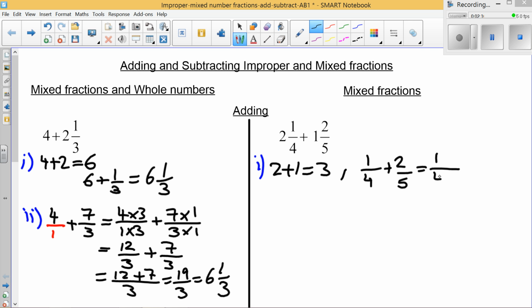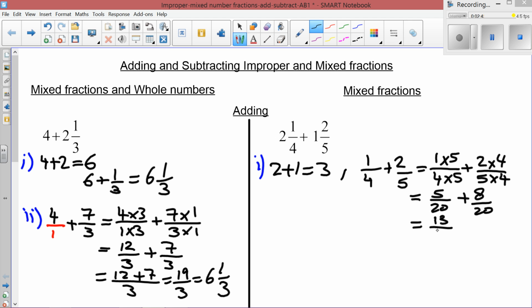So 1/4 add 2/5. The common multiple of the denominators is 20, so that's 4 times 5, and I have to do the same to the 1, and then 5 times 4, and I have to do the same to the 2, and that equals 5 times 1 is 5 over 20, plus 2 times 4 is 8 over 20, and that equals 13. 5 plus 8 is 13 over 20.